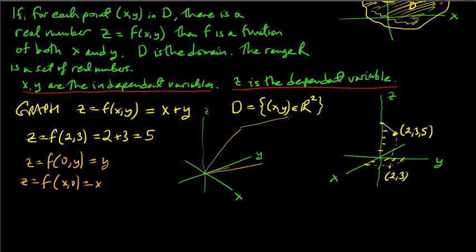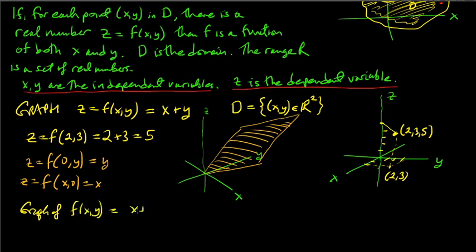And so what you're going to end up with is this plane here, or at least this part of the plane. This is just a portion of the plane. So the graph of this function, f of x, y equals x plus y, is a plane in space.